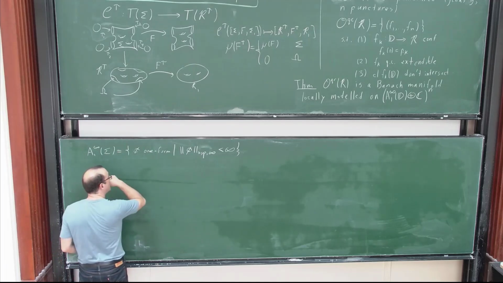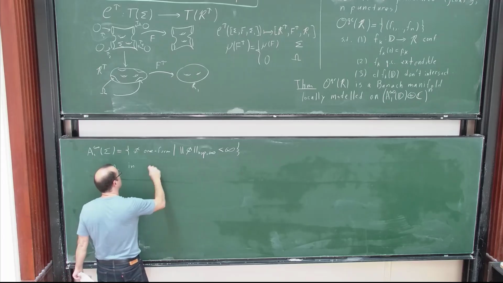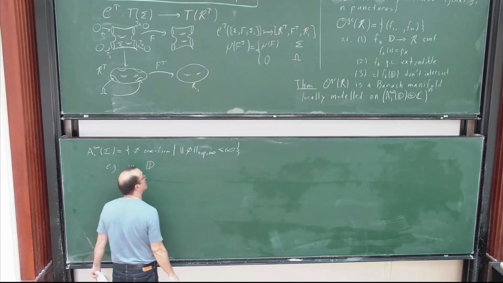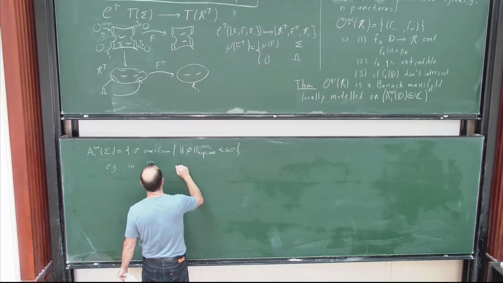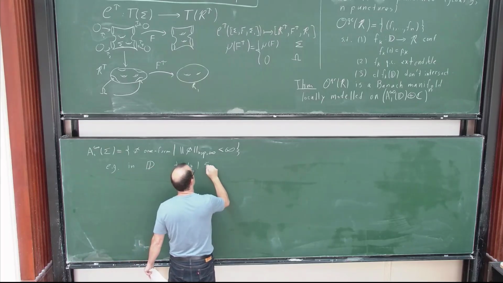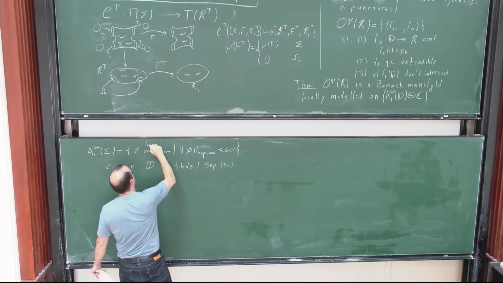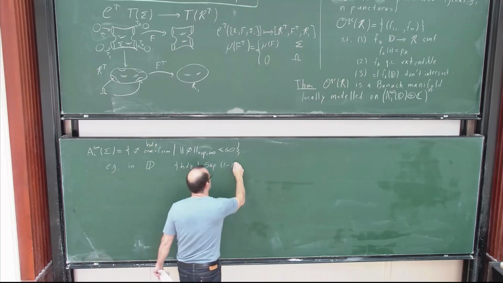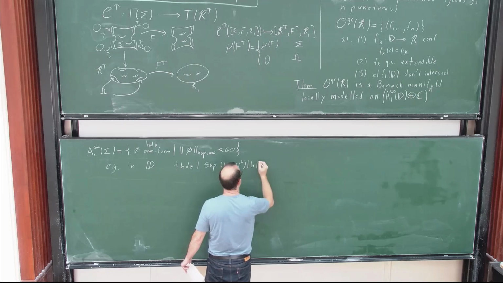So, e.g. in the disk, we would say this is the set of h(z) dz such that the supremum of (1 minus mod z squared) mod h is less than infinity. I should have said this is a holomorphic 1 form. That's important.